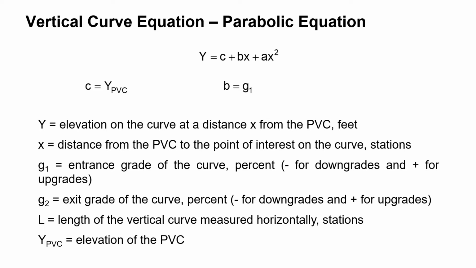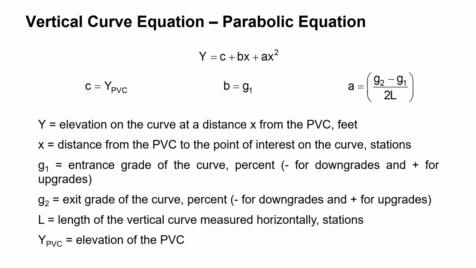The important thing for grades in vertical curves is that the grades need to be in percent, and you need to apply a negative for downgrades and a positive for upgrades. And A is G2 minus G1 divided by 2 times the length. In this case, for our parabolic equation, lengths are in stations.